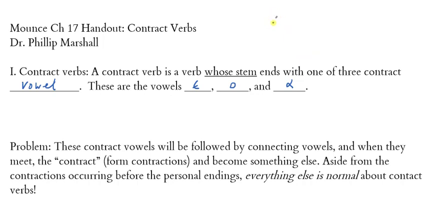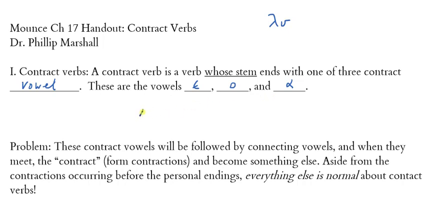What was that verb? Luo. What is the present stem of luo? It's lu. Does luo's stem end with a vowel? Yes. Upsilon. Is that a contract vowel? No. There are three contract vowels: epsilon, omicron, and alpha. Okay, so if the stem ends with one of those, then it is a contract verb.